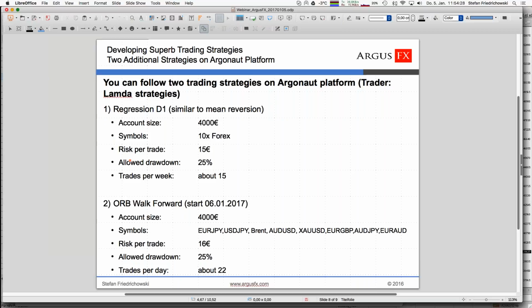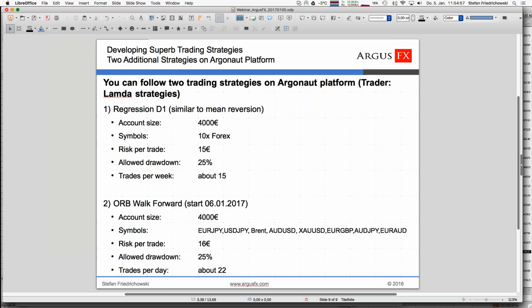And now the one we talk about within this webinar is the open range walk forward strategy, and that strategy will start tomorrow. I will release that strategy, and the account size is once again a 4,000 euro account, and you see the different symbols we will trade within that strategy.